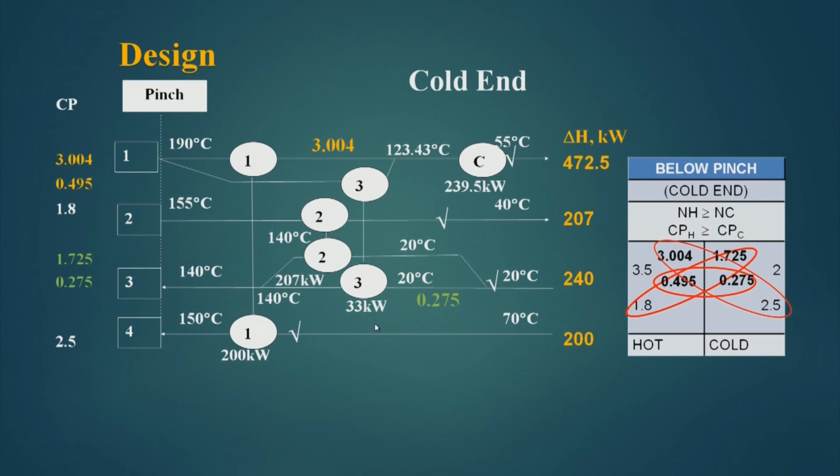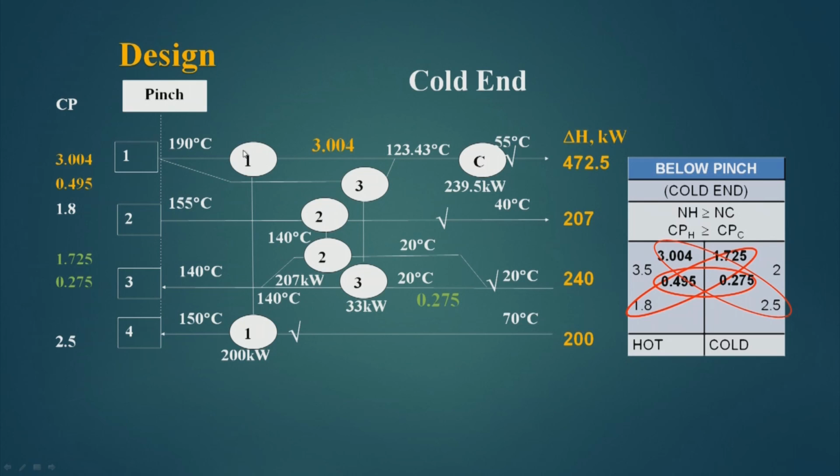This you can calculate: 140 minus 20 into the Cp of this stream which is 1.725 comes out to be 207, and that is why this is ticked off.